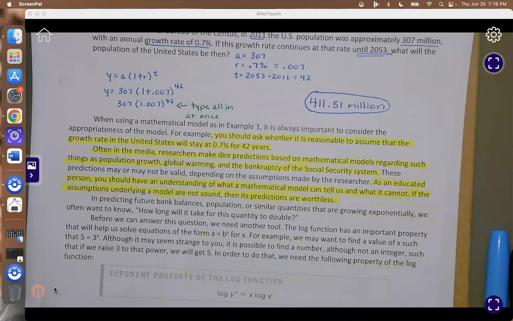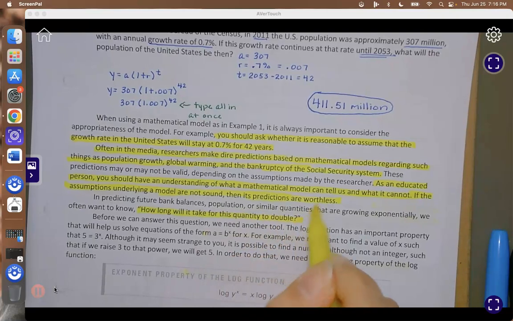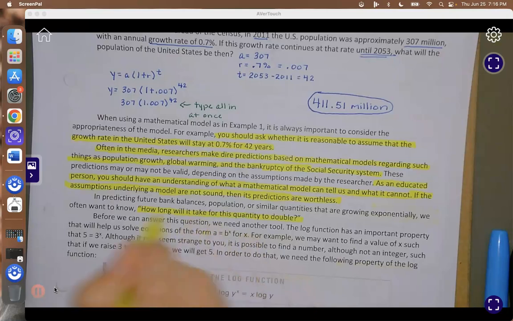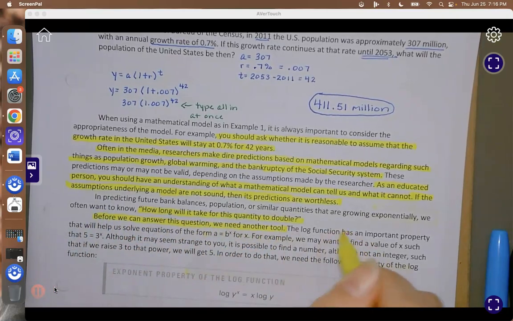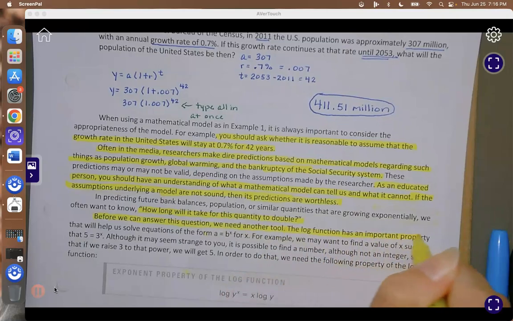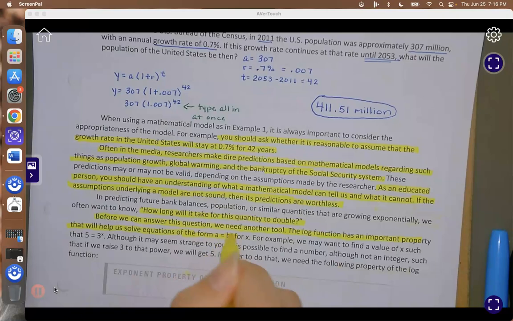In predicting future bank balances, population, or other similar quantities that are growing exponentially, we often want to know, how long will it take for this quantity to double? Before we can answer this question, we need another tool. The log function has an important property that will help us solve equations of the form a equals b to the x.